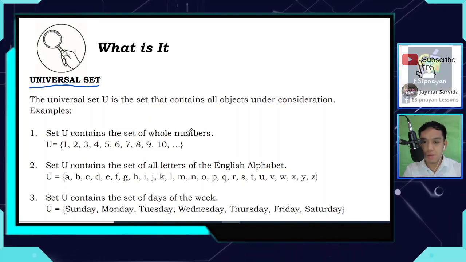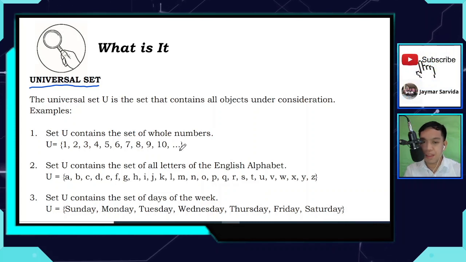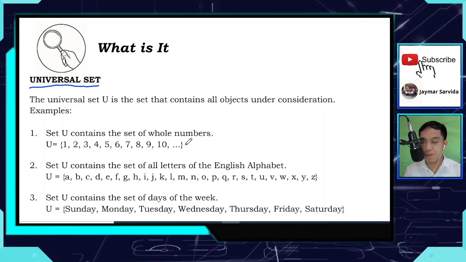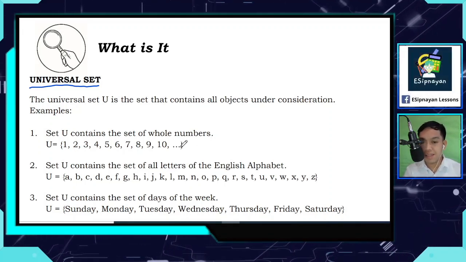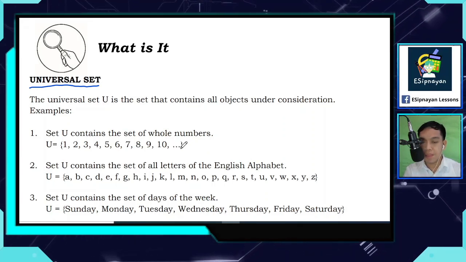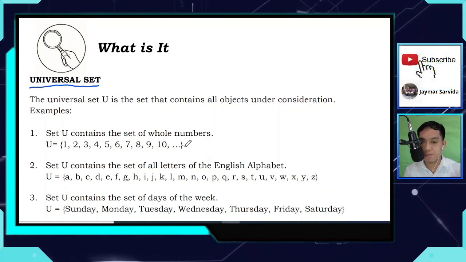So set U contains 1, 2, 3, 4, 5, 6, 7, 8, 9, 10, so forth and so on. So maglagay lang tayo ng tatlong dots dyan kasi ibig sabihin yan, tuloy-tuloy yan. Infinite ito kasi walang katapusan yung ating whole numbers eh. So maglagay lang tayo dyan ng 3 dots representing that the numbers are continuous.